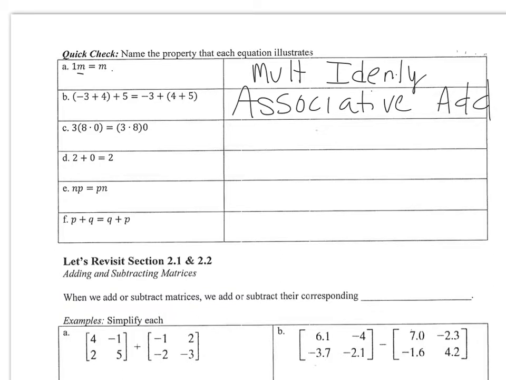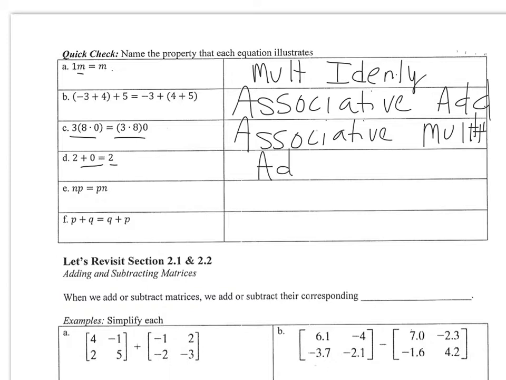So you should always write whether it's in multiplication or addition situation, and then write the property. This one the order is staying the same, but we're changing the grouping. So this is associative multiplication. And then this one we're adding 0 and we're getting the original number. So this is going to be the additive identity.